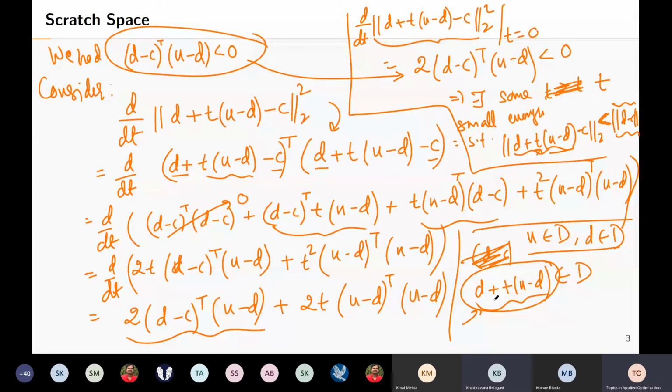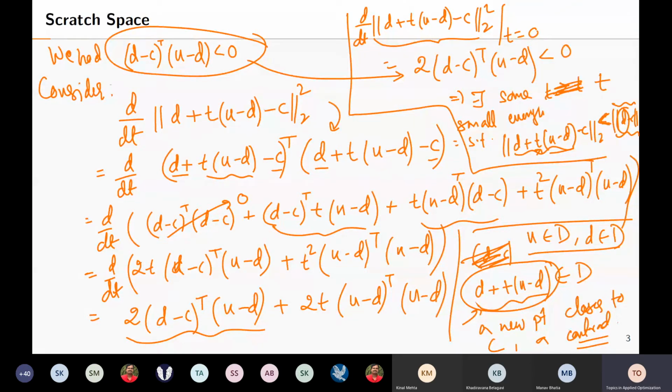Okay, so you have found a new point closer to C, a contradiction to the fact that D was the closest point. So what does this prove?